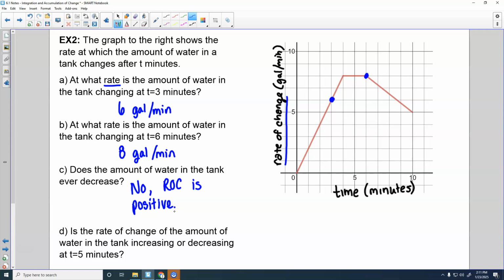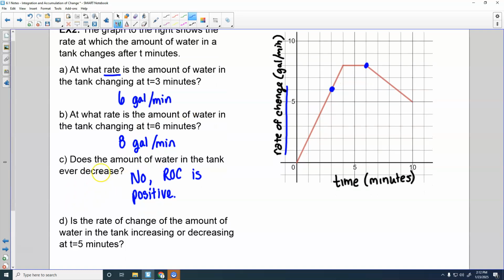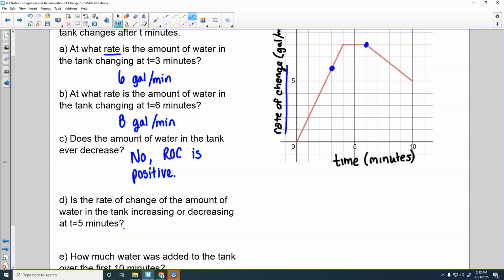There might already have been water in the tank. But we're going to see in a minute, we can figure out how much has been added to the tank. So we can figure out how much is actually there. So let's look at D first though.